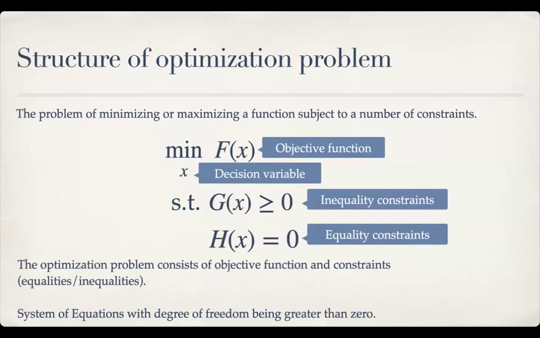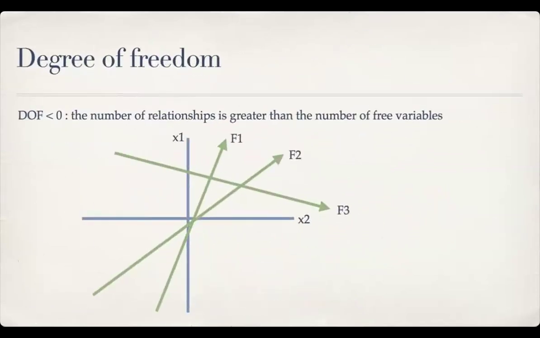So from a real world problem, we're going to represent the real world problem in the form of an optimization problem here. Okay. And you see the connection between solving an optimization problem and solving a system of equations.